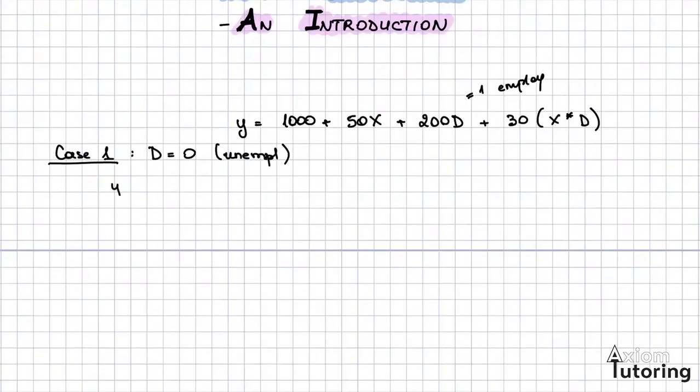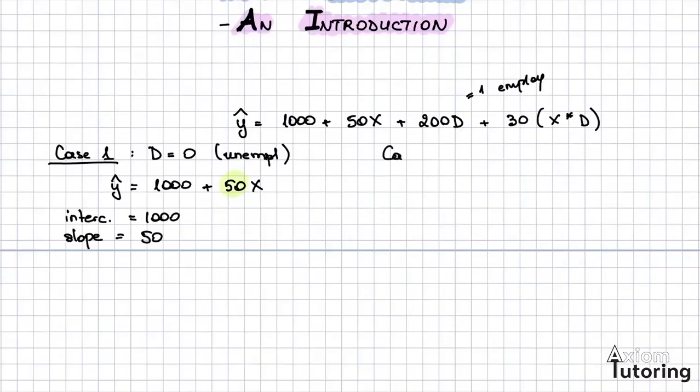In this case, our Y hat is going to be simply 1000 plus 50x, because these two terms that have the D are going to simply cancel at 0. So that means that our intercept is the 1000 and then the slope is the 50 because the 50 is what is attached to the x.